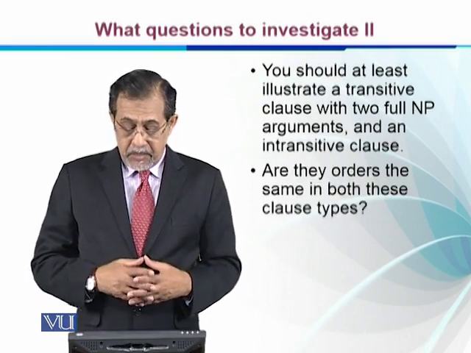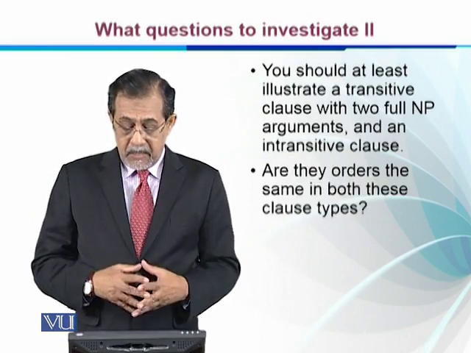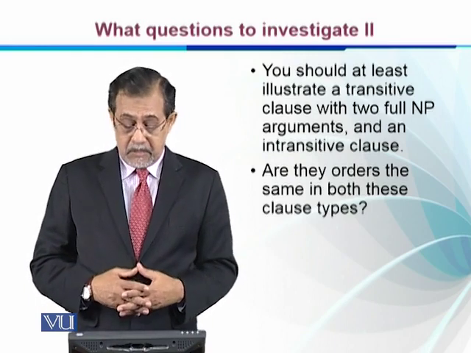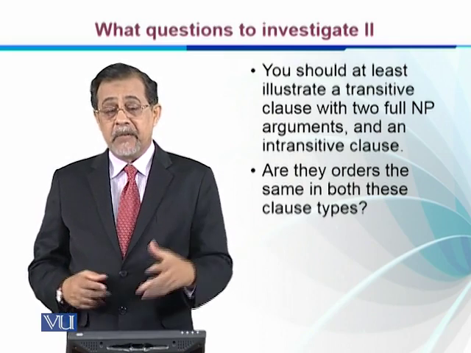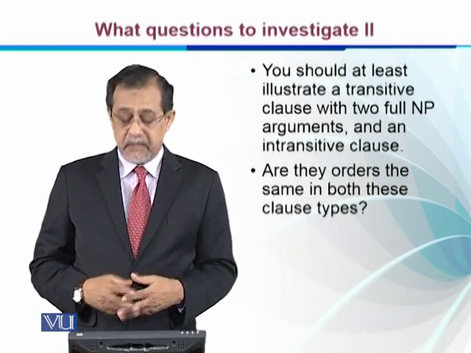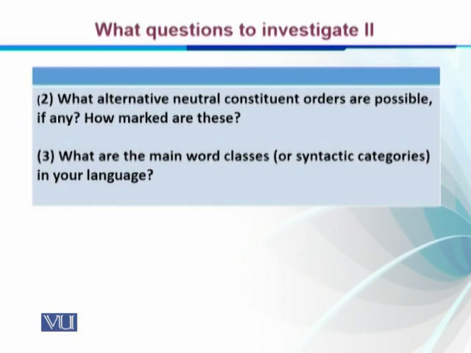Are the orders the same in both these clause types? So words are arranged in a similar way in transitive and intransitive sentences or clauses. So what alternative neutral constituent orders are possible, if any? How marked are these?